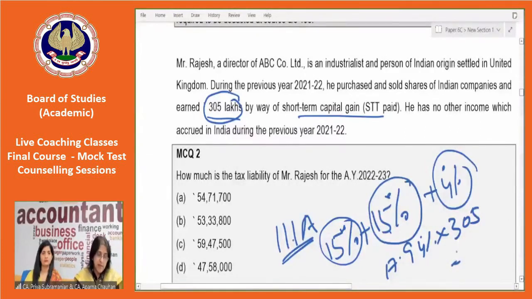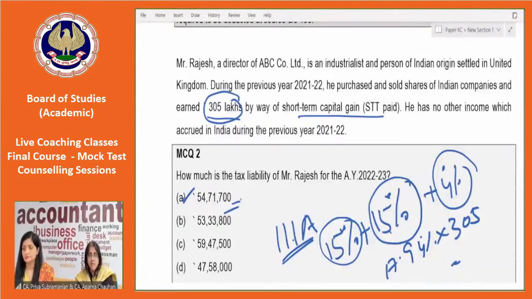So that will be this answer. 54,71,700 is the right answer. So here you just have to remember that surcharge only at 15% will be applicable even though the amount exceeds 2 crore. And unexhausted basic exemption limit cannot be adjusted since the person is a non-resident, since he's settled in UK.